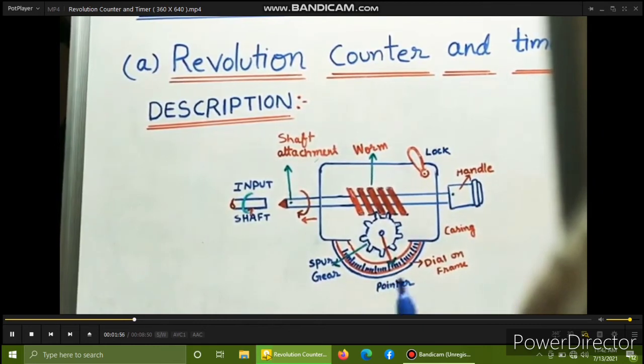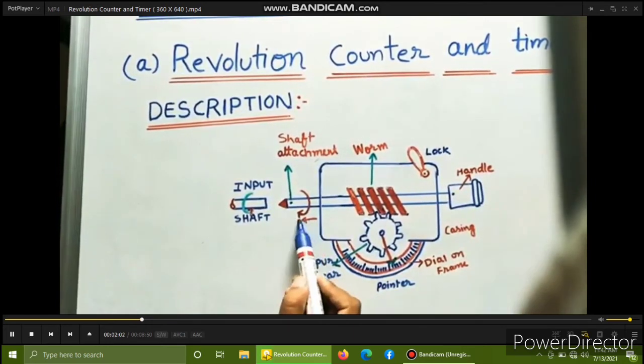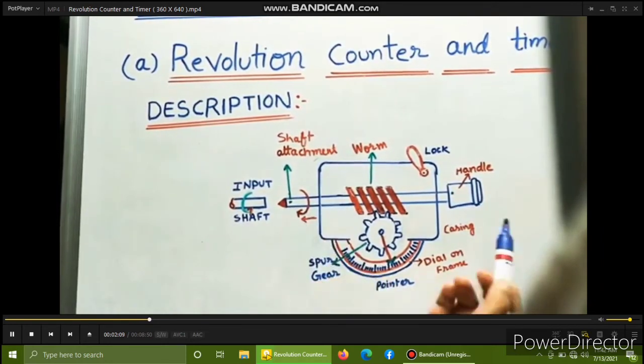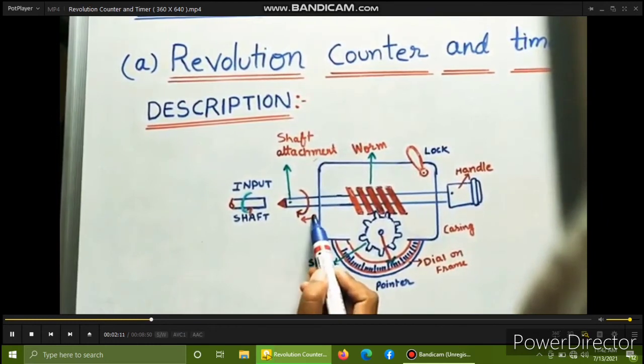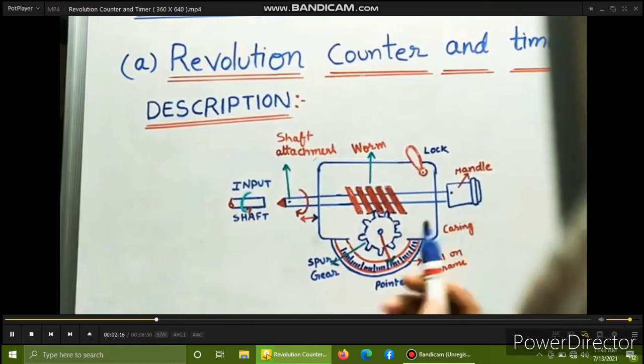One handle is at the end of the shaft. If you move this handle in one direction, the shaft moves forward, and if you rotate it in the reverse direction, the shaft comes back. So it moves in a linear direction whenever we operate the handle.